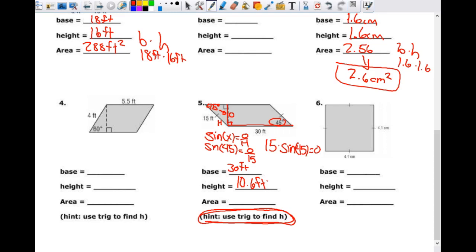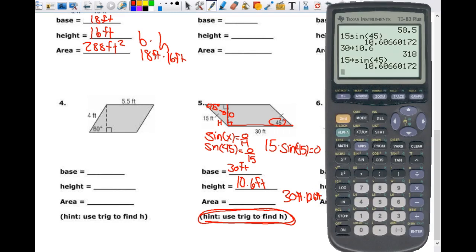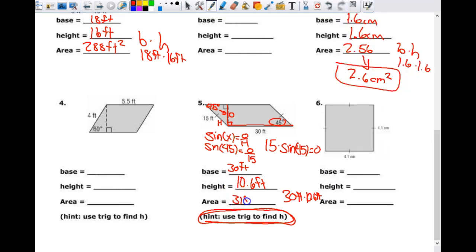Now we need to multiply these together because it's base times height. 30 feet times 10.6 feet is 318 feet squared.